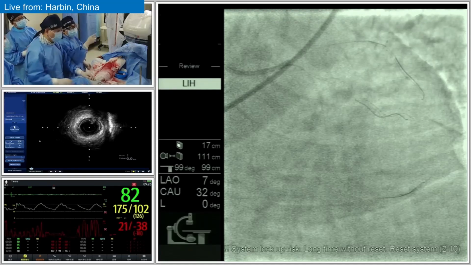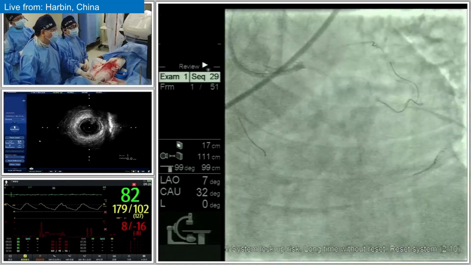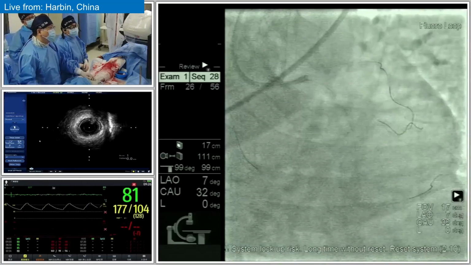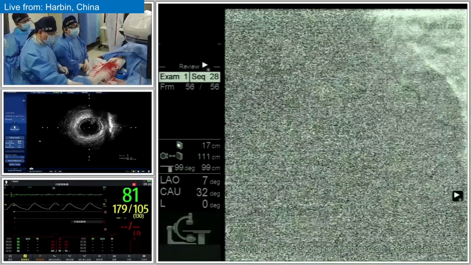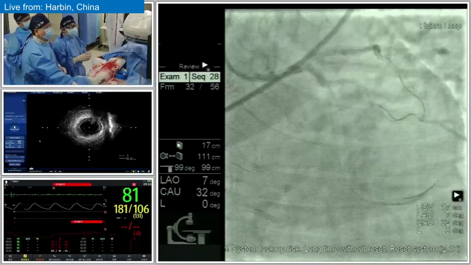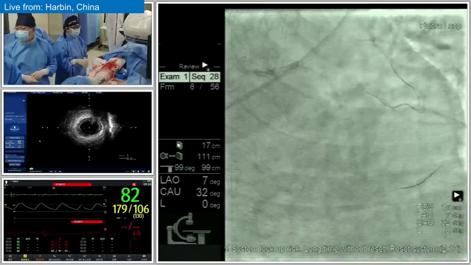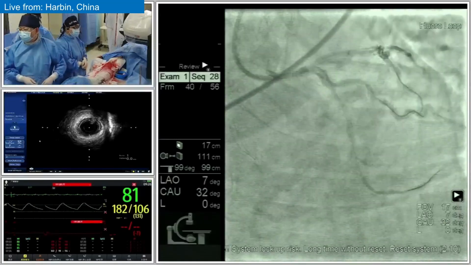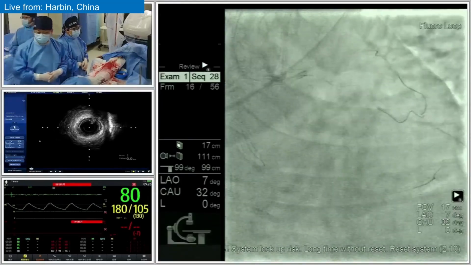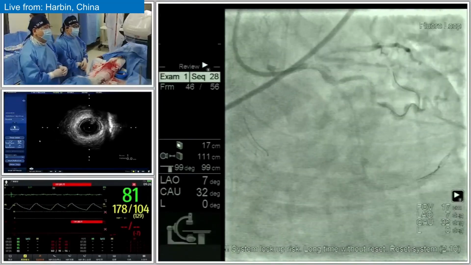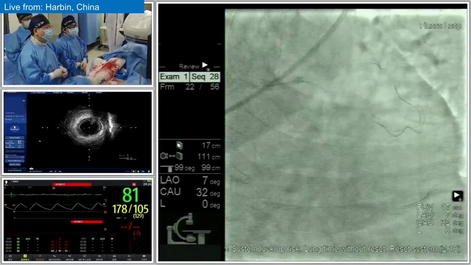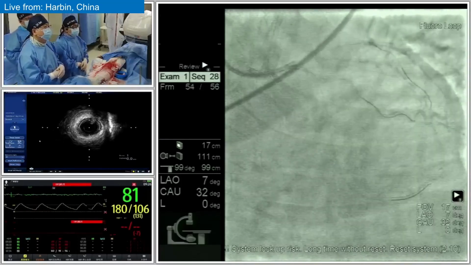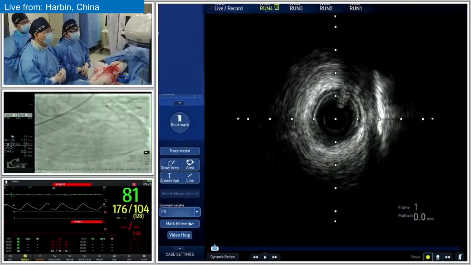Repeat the intravascular image again. We will choose the appropriate size cutting balloon. Can we review the IVUS image? 2.5.